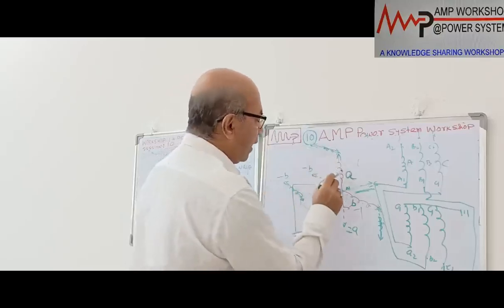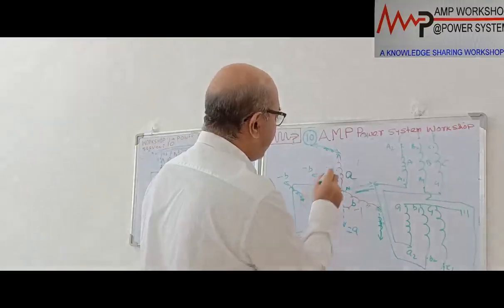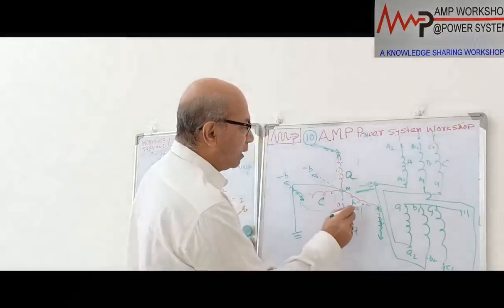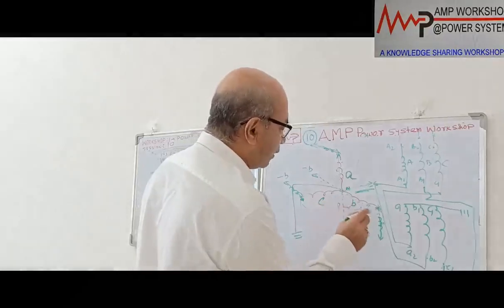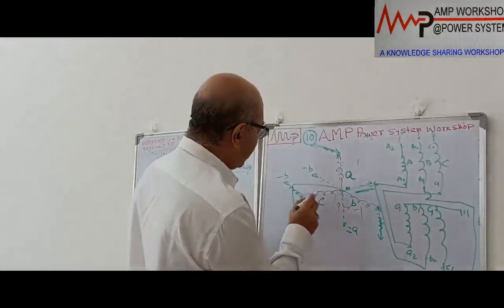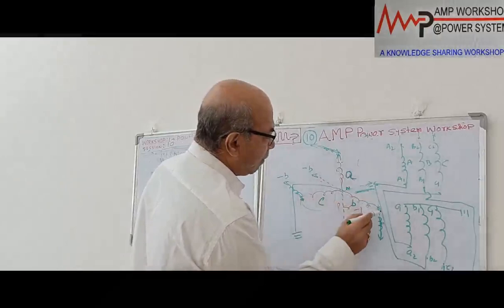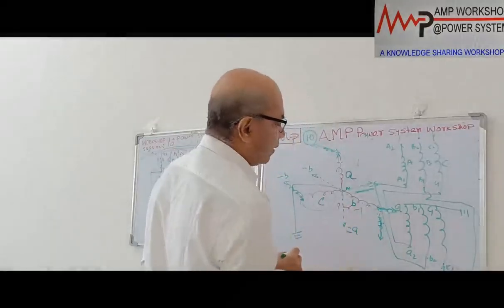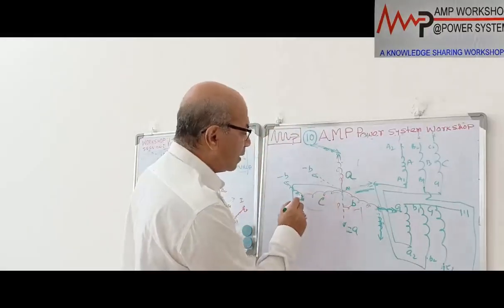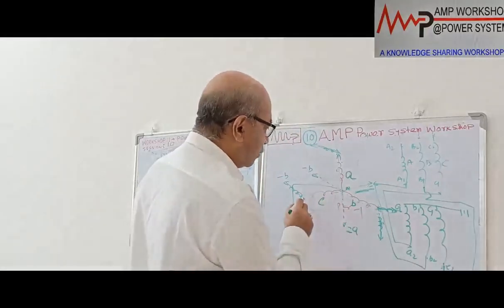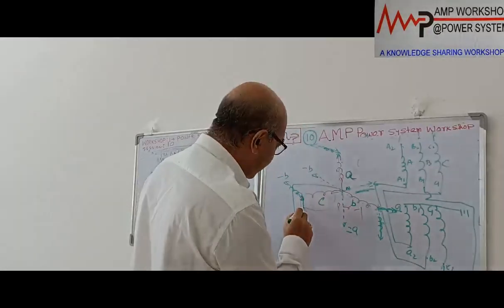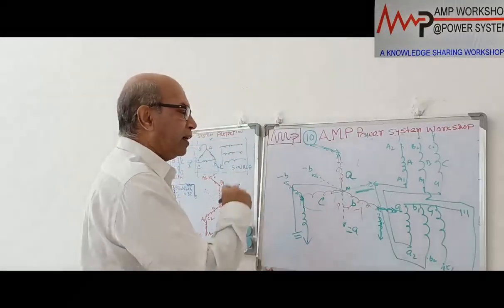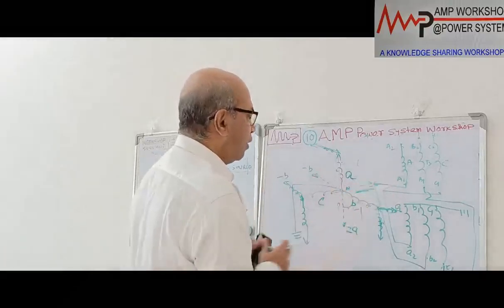In that case, this B will be cancelled by this A. On the B vector, this is your C vector, so on the B vector we will connect C vector like this. This is the C vector, and then on the C vector we will connect negative A. So negative A will be here. This way also we can make another connection. In that case also it will cancel each other. This is one of the options.